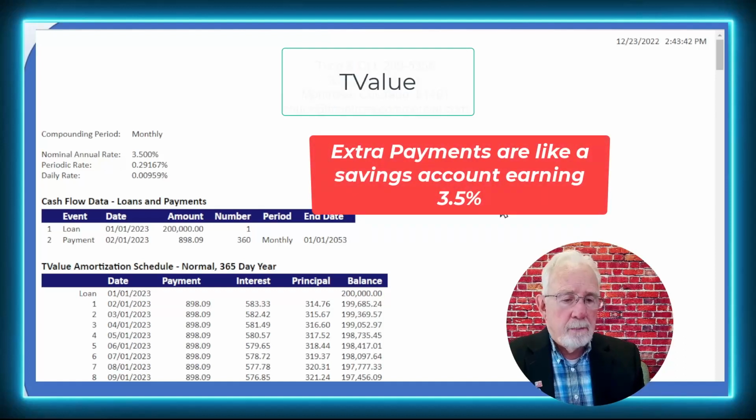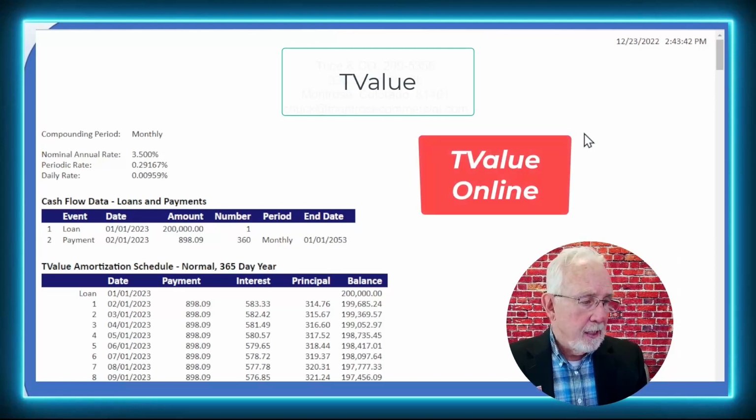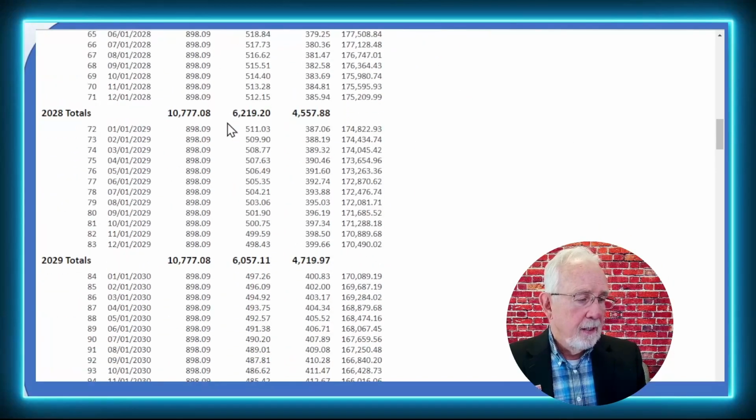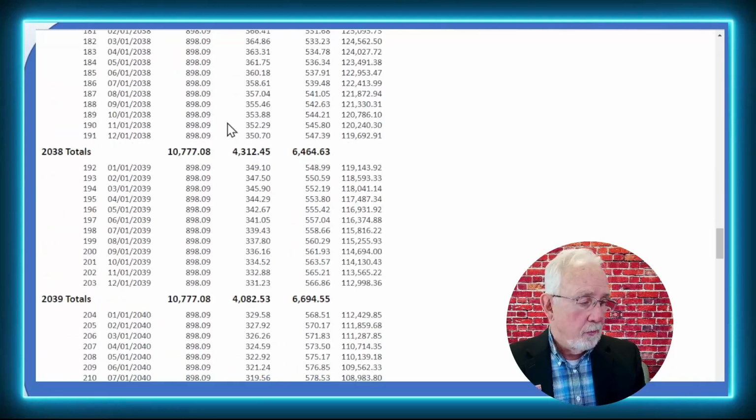The key is to reduce the principal so that you're not paying so much to rent that money. And so I like T-Value Online very much, because I can figure all of these payments and show this to the client, and the client loves it because they can see what they will owe for the whole term.